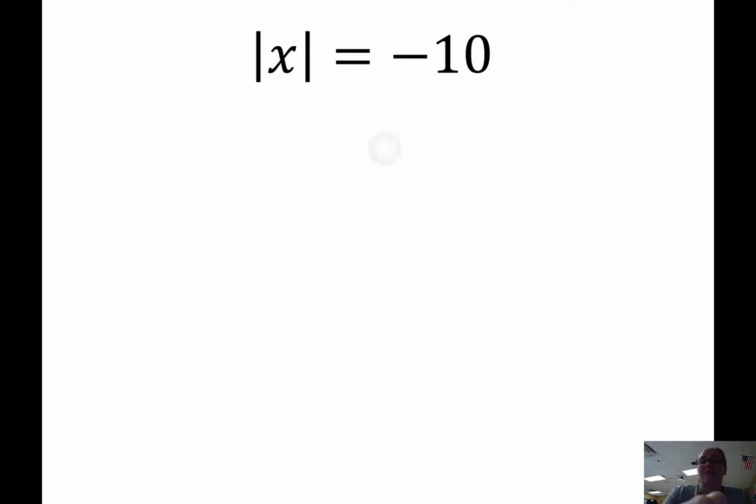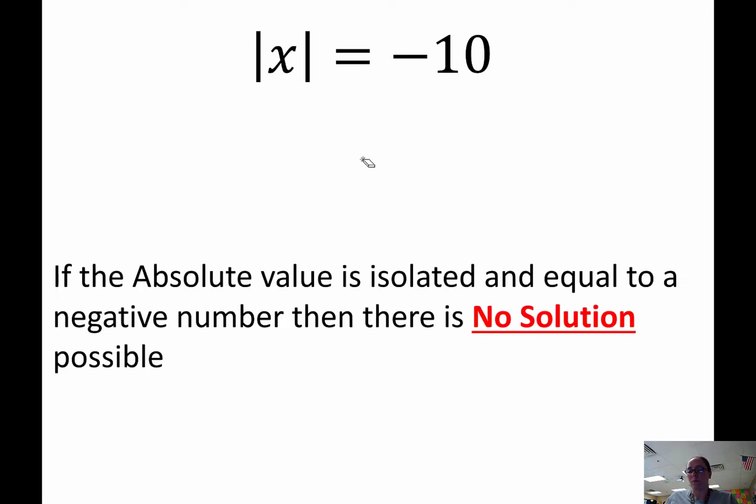If I do the absolute value of negative 10, but that doesn't really work, does it? Because remember, what does absolute value do? It makes everything positive. So it doesn't matter what I plug in there, I'm always going to get a positive number out. So if the absolute value is isolated and equal to a negative number, there is no solution possible. We are not going to have a solution.